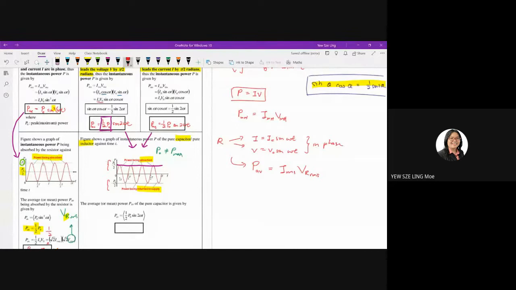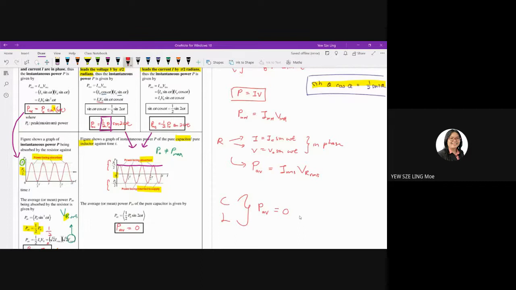So the midpoint between P naught over 2 and negative P naught over 2 is 0. So the average power of the pure capacitor and the pure inductor is given by P average equals 0.